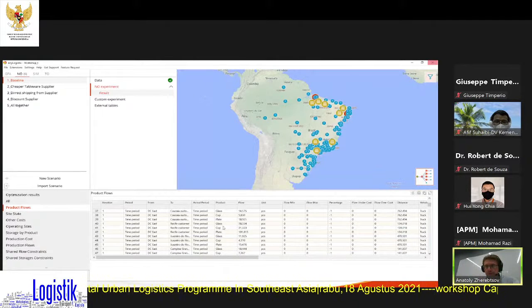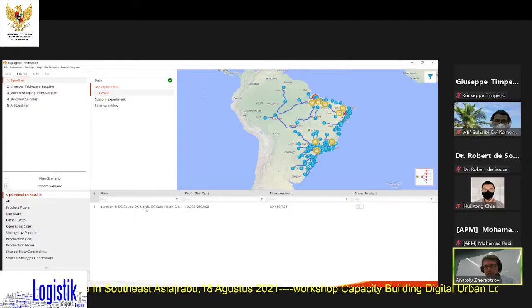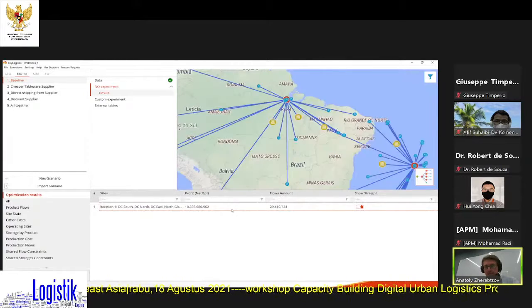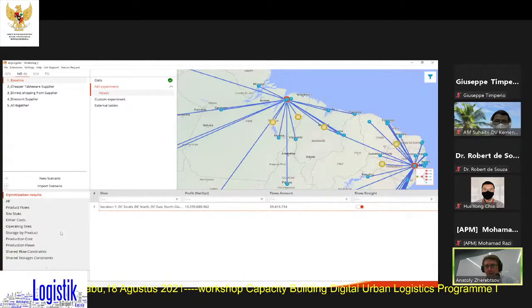If we do like that, we'll see that these suppliers supply this distribution center. That one supplies both.